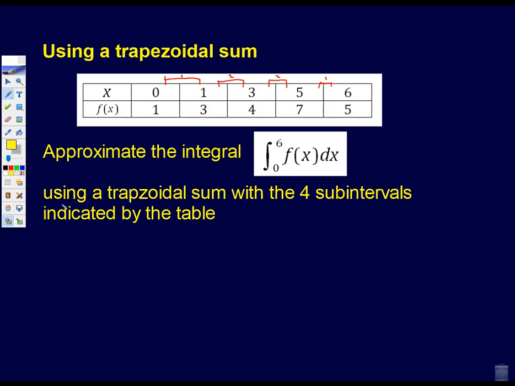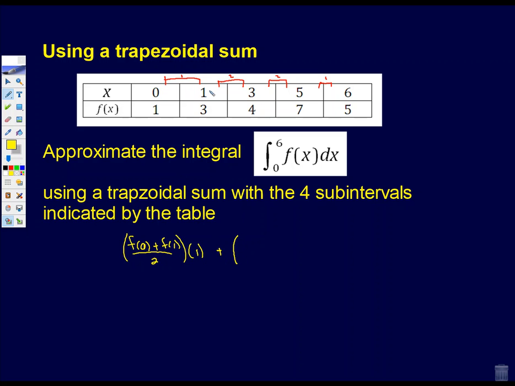So, setting up my trapezoids then, the first trapezoid goes from 0 to 1 on the x scale, and the function values are 1 and 3. So in my first trapezoid, I'm averaging f of 0 and f of 1, and multiplying by the change of x, the width across, which is 1.